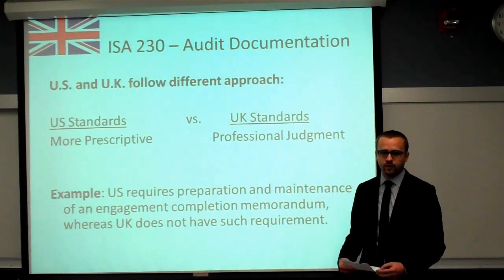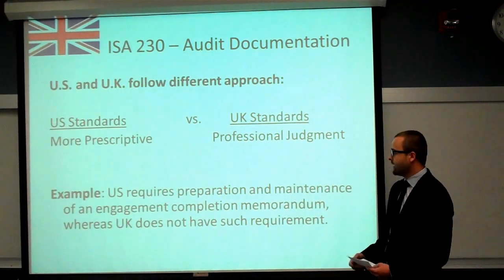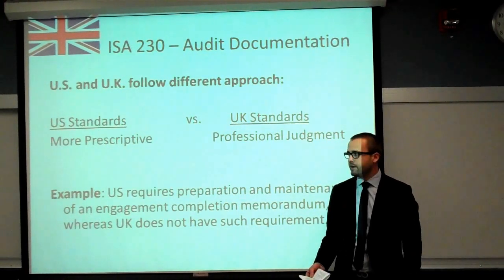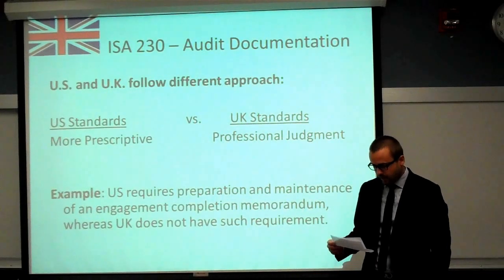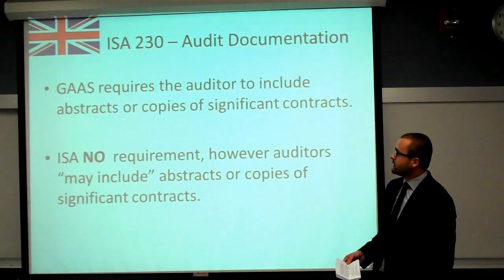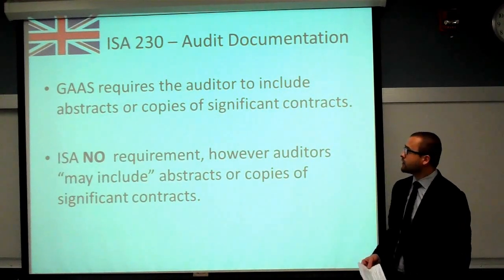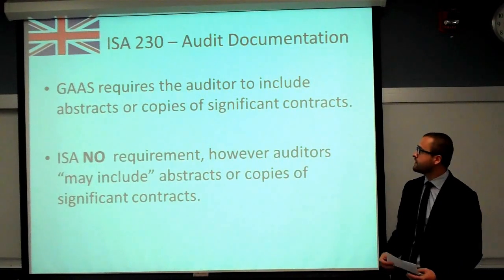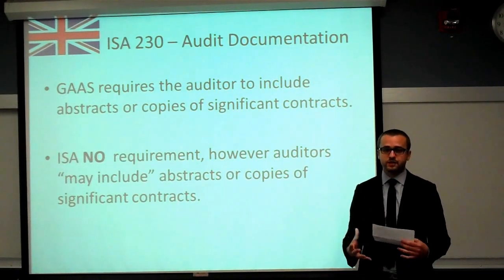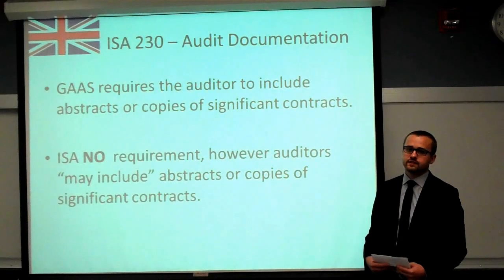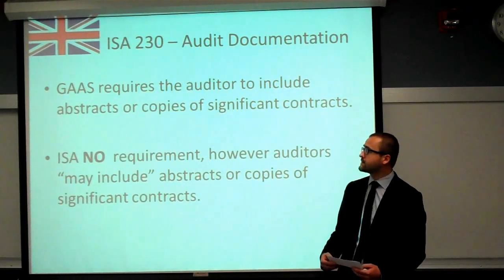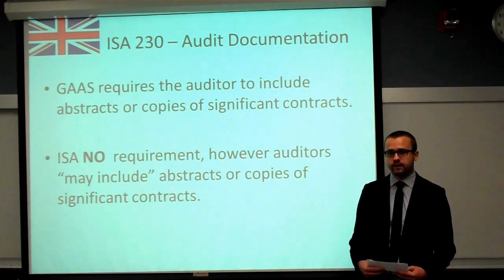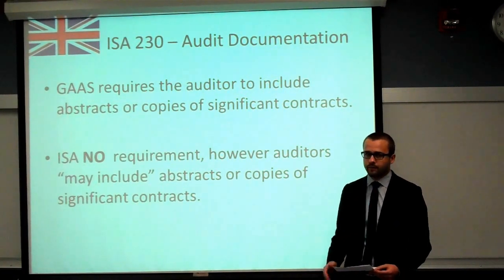To give you a quick example, the US requires preparation and maintenance of an engagement completion memorandum, whereas the UK does not have such a requirement. The US also requires the auditor to include abstracts and copies of significant contracts in their audit documentation package when completing the audit, versus the UK, where ISA 230 states that they may include them if they feel it might be important, but it's not a requirement.